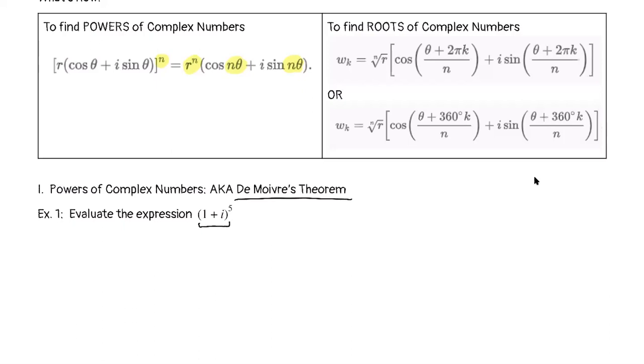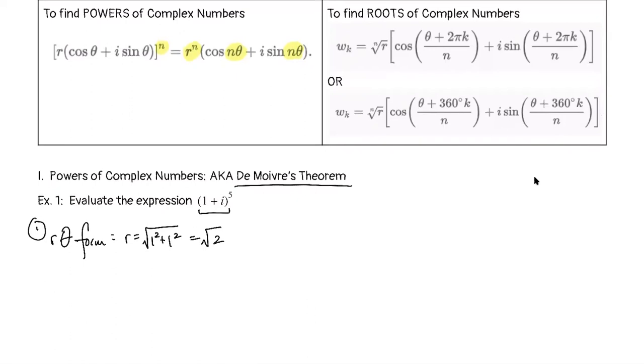So this is in a plus bi form. You need to get it into the r theta form in order to use the formula, okay? So let's get this into r theta form. We know that r is the square root of a squared plus b squared, which is the square root of 2.